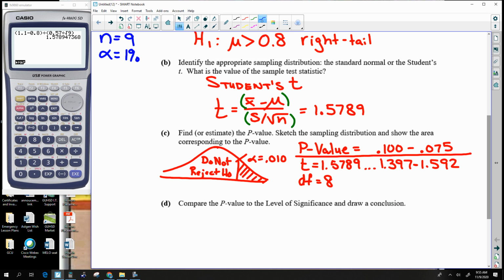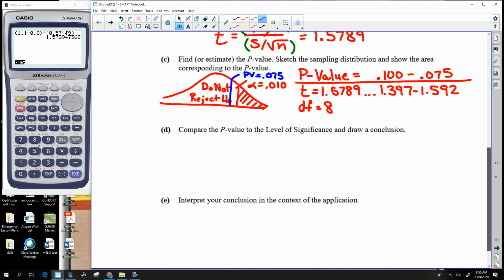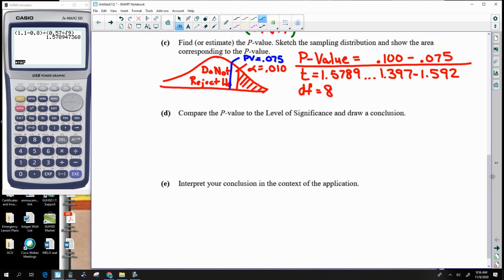They're both bigger, so my p-value is going to be larger. I usually write the closer of the two, but they're both bigger, so it doesn't matter which one you choose. So I notice that my p-value is larger than my alpha. That means do not reject H0. That means we do not have enough evidence to say H1.